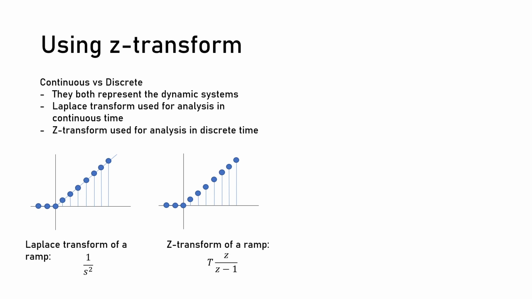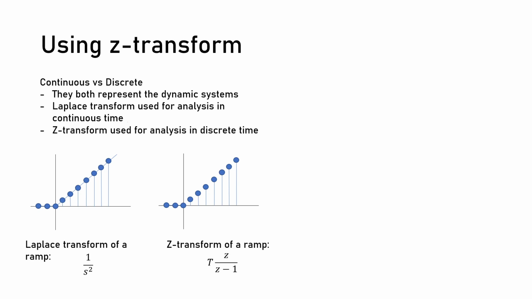And the dynamic of a continuous system is represented by a transfer function that you obtain from the Laplace transform, right? So the Laplace transform is used for analysis in continuous time, and the Z transform is used for analysis in discrete time.